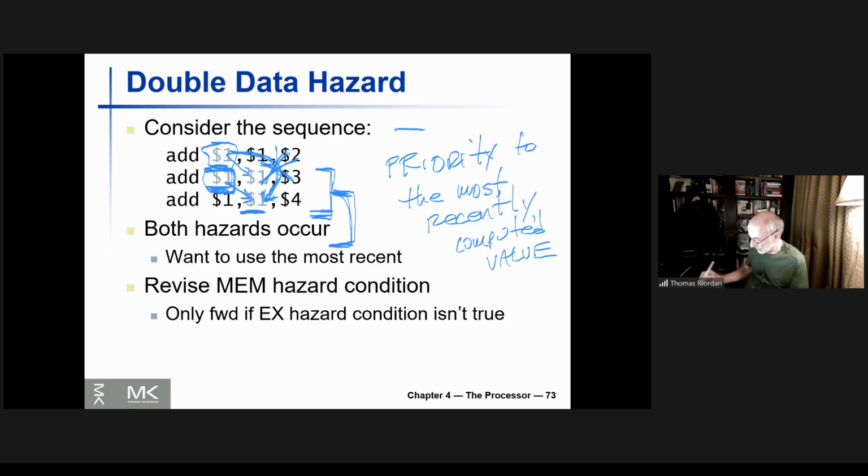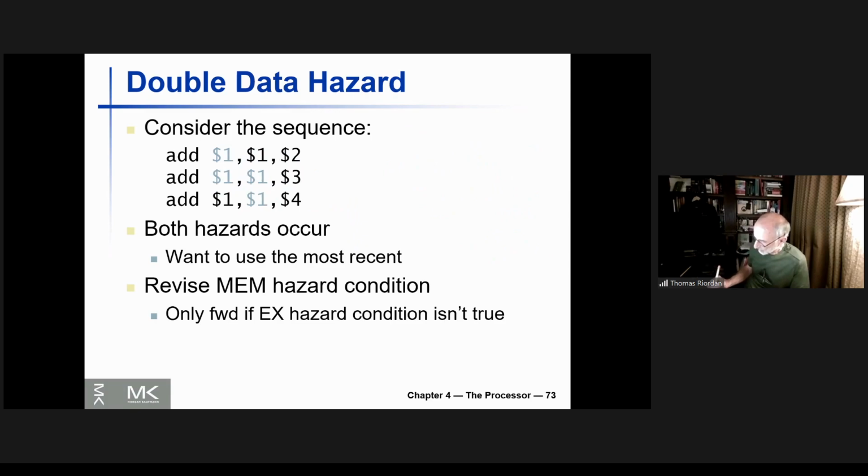Okay, so how do we make that happen? So again, we'll use this term. We said that we have to give priority to the most recent one. And so we'll use this concept of a priority encoder.